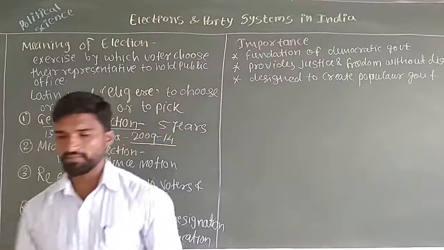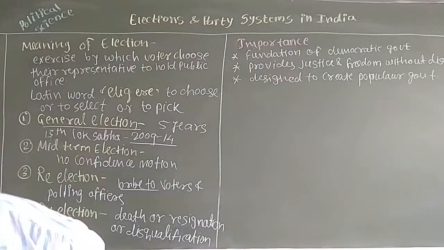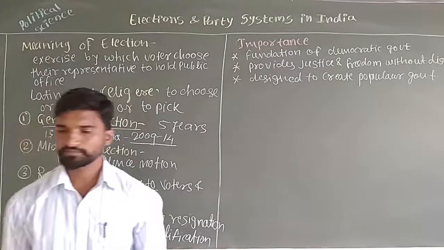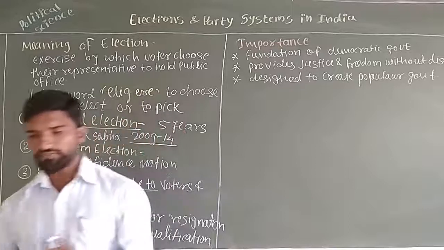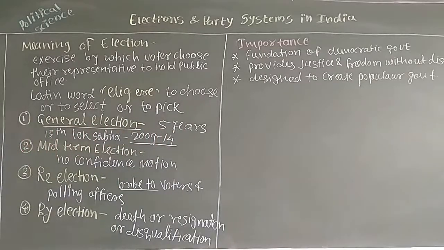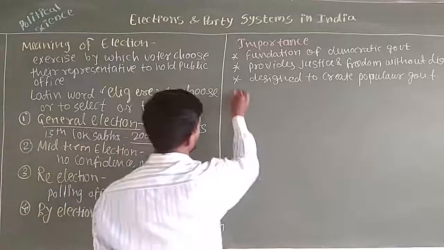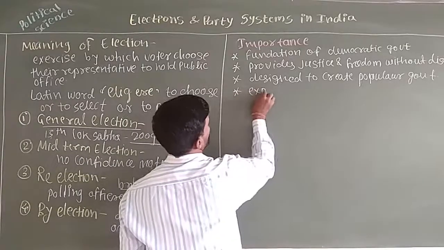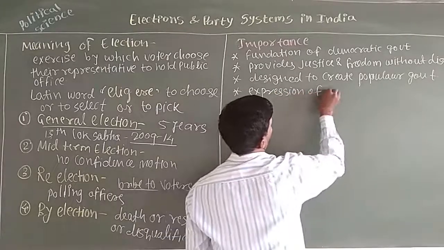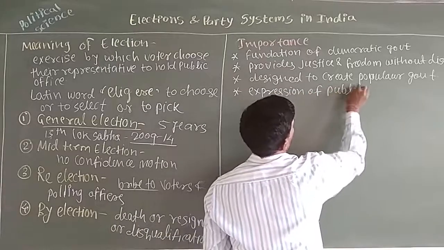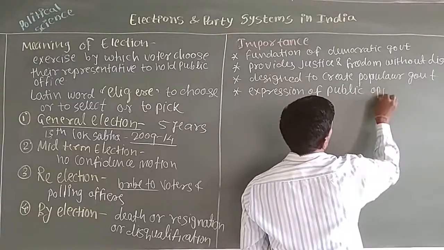So as I say, by the votes of the voters, we will come to know about the people, about the different kinds of problems, public issues and facilities, discussion of public issues and facilities, and the expression of public opinion.